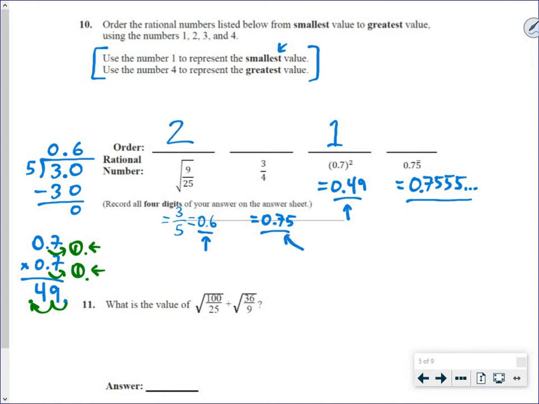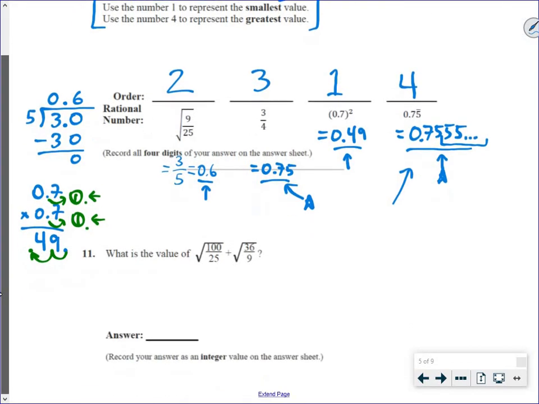And then between these two, it's pretty close, but I have an extra 0.00555555 with this number, so this one is very slightly larger than this one. So this is the largest, that's the second largest, so final answer there, 2314.